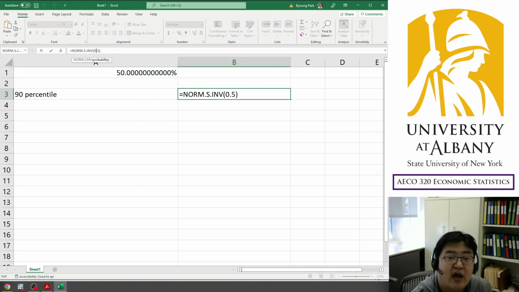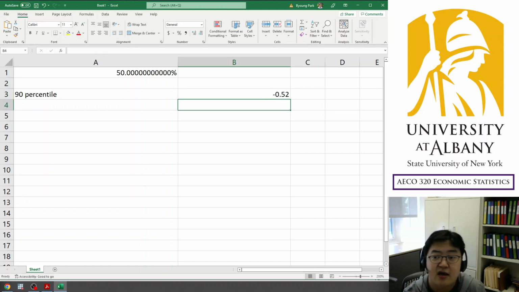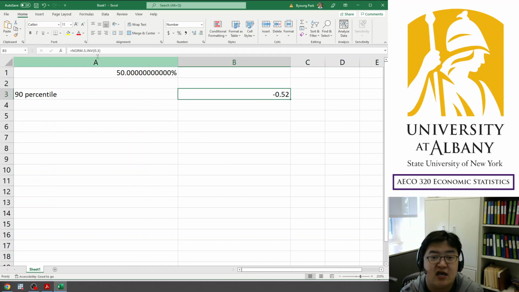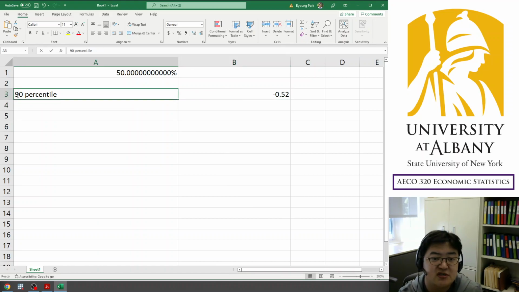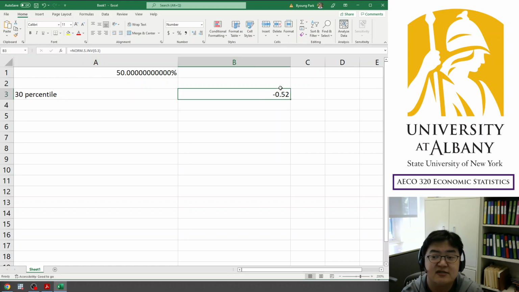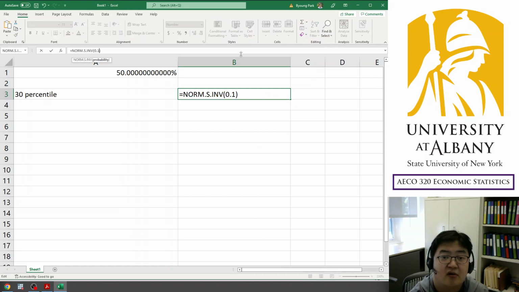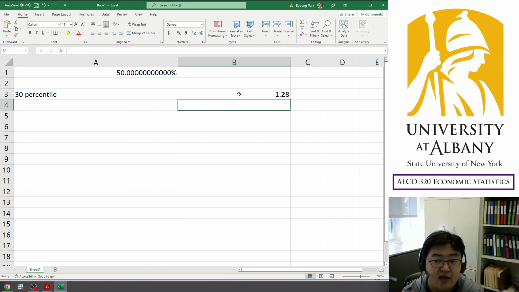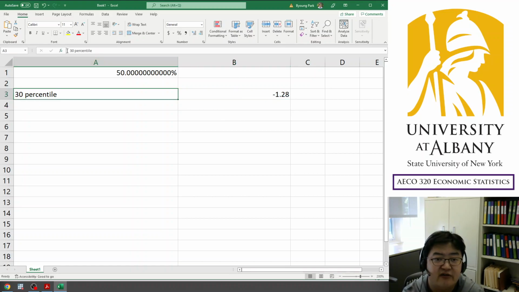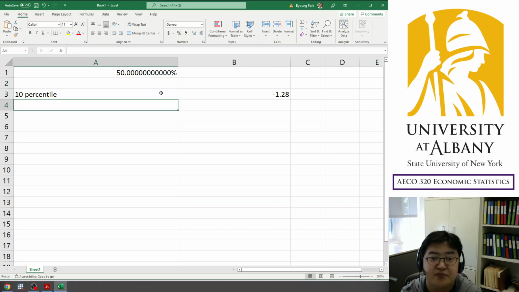If you enter a number smaller than 0.5, then it will be a negative number. It will become smaller than the mean. So, for example, 30 percentile becomes minus 0.52. By changing this number, you may find different percentiles, right?